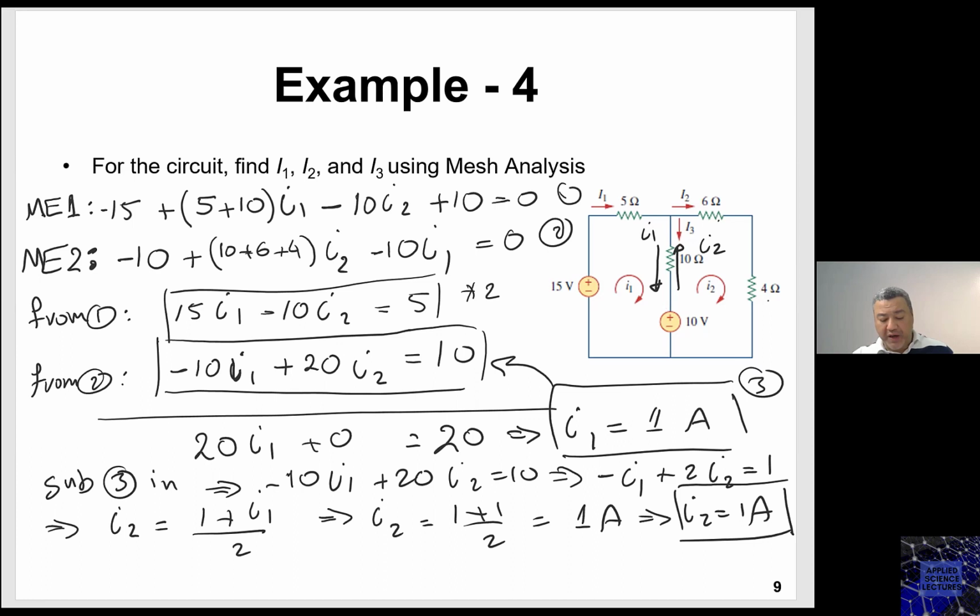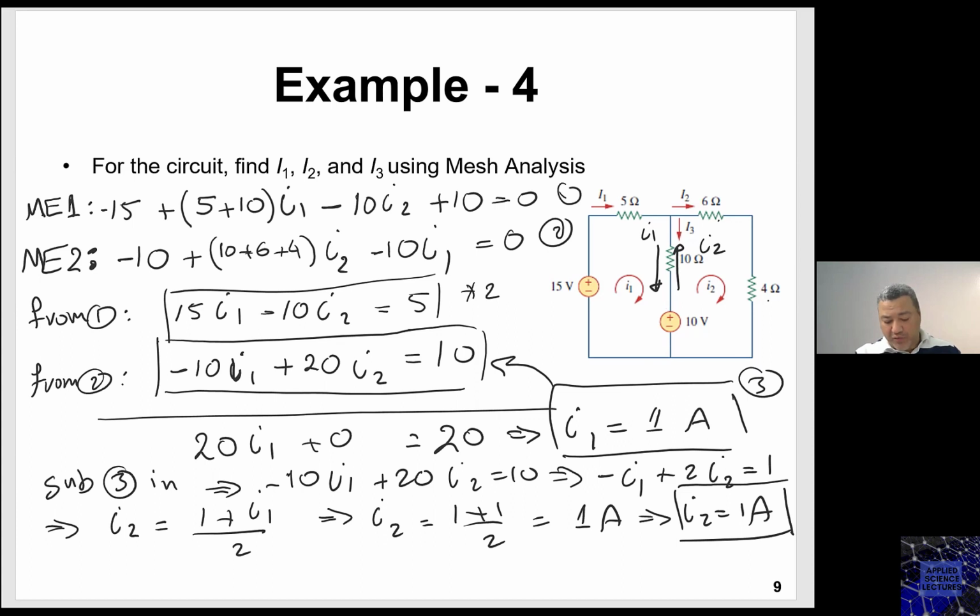Now we need to find capital I1 and capital I2 and capital I3. What about I1 capital? I1 capital actually is the same as I1, right? It is as if you have the same quantity here. You have current flowing here, and you gave it two names, the small I1 and the capital I1.